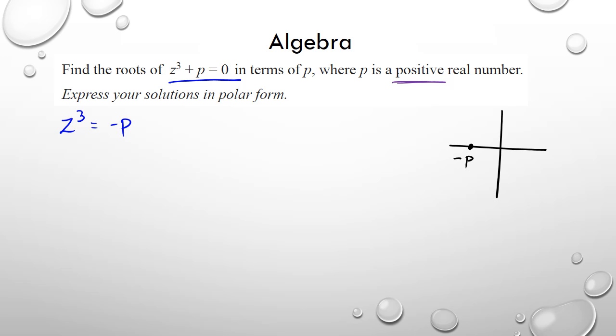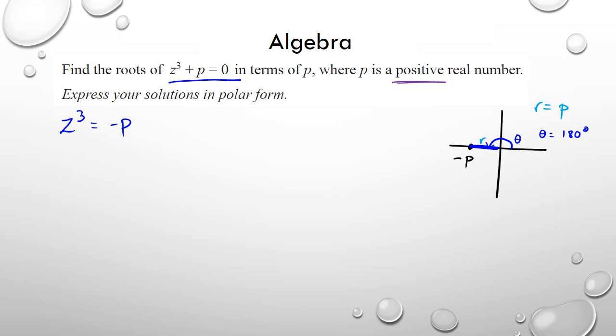All right. So because negative p is here, its modulus, which is r, in this case is just going to be p by itself because that's the length of the complex number. And the angle that I'm looking at, or the argument, is going to be 180 degrees. Is that right?